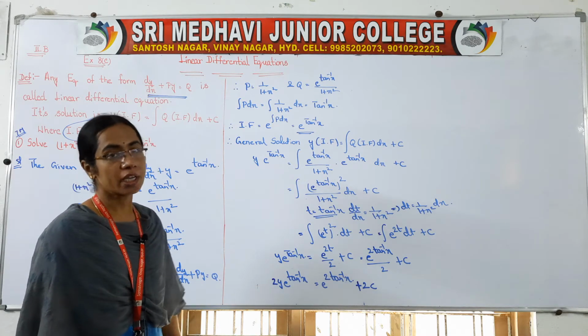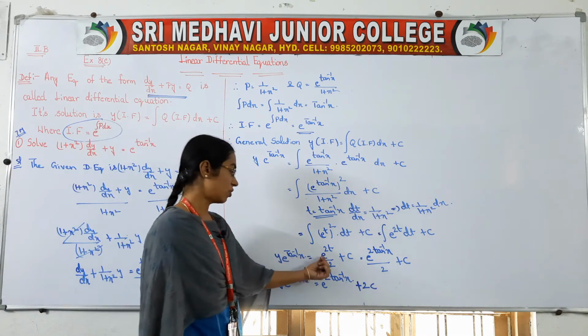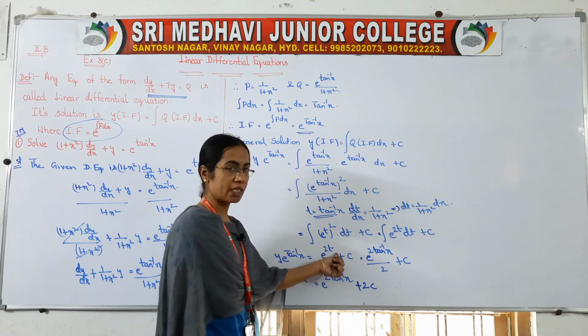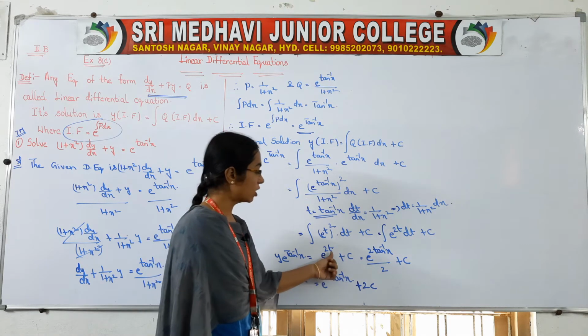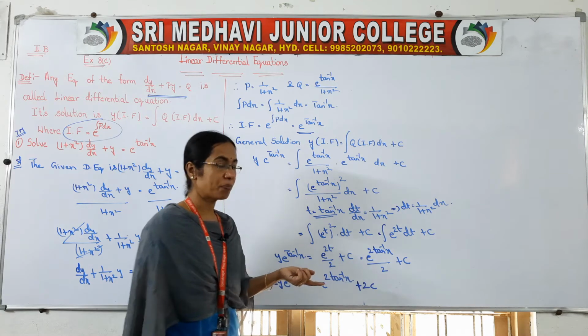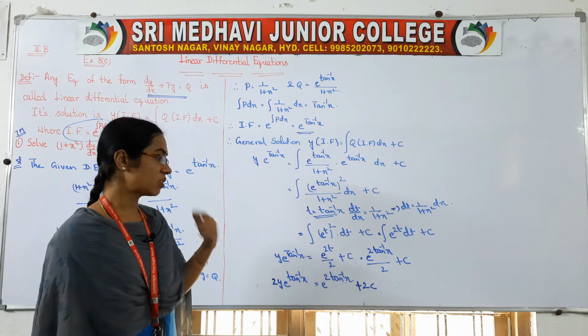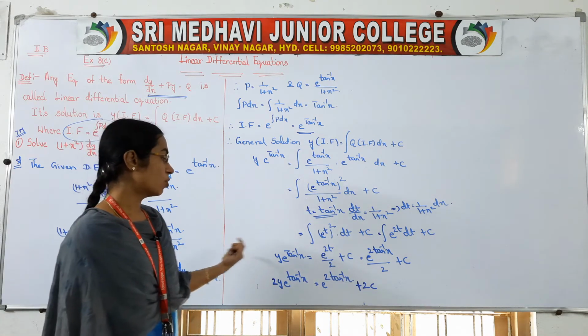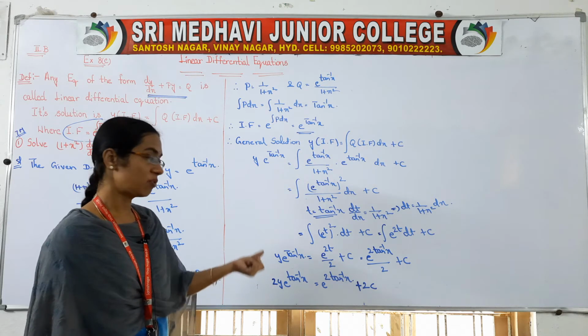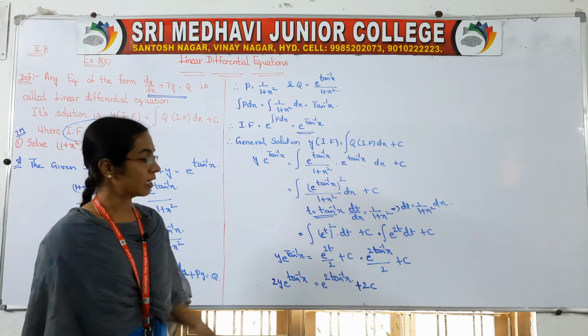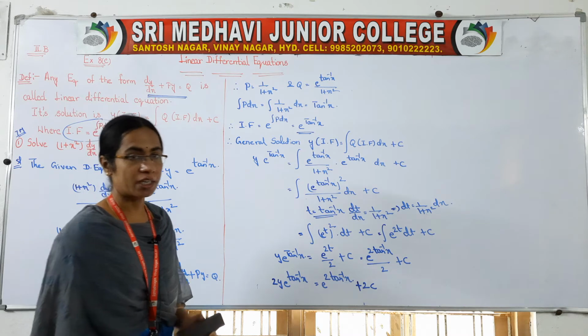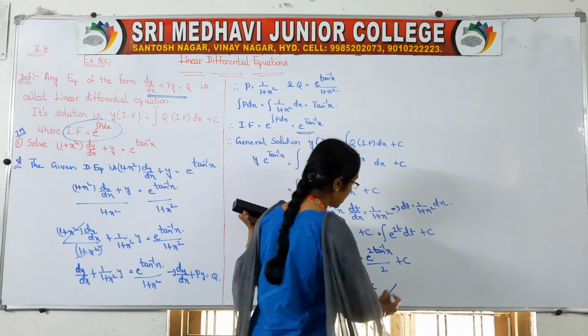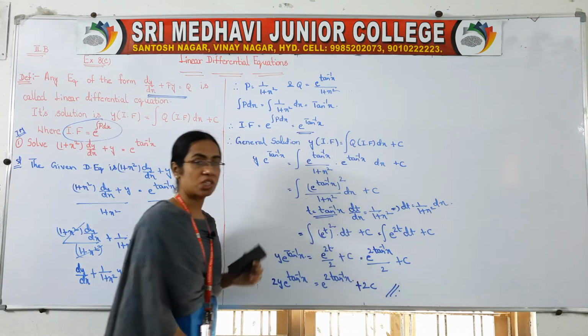Like that also you can do. So you write e to the power of t whole square, that means e to the power of tan inverse x whole square. So both sides, if we divide with e to the power of tan inverse x, it will get cancelled. Like that also we can do. Okay, so this is the answer of your question.